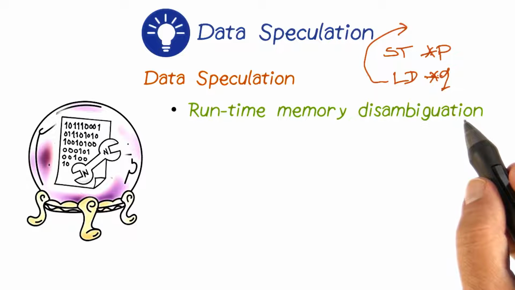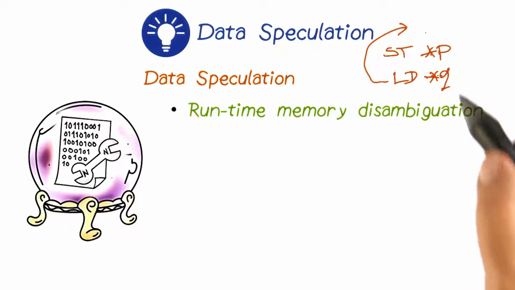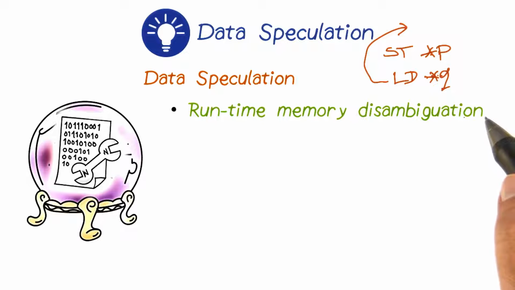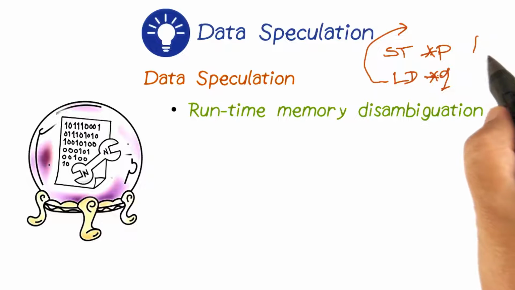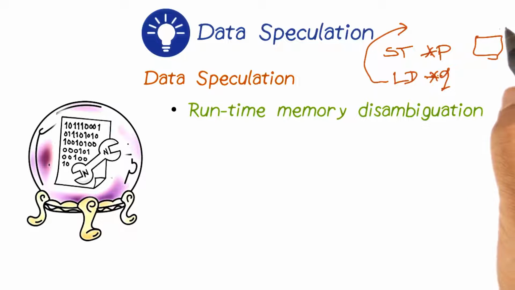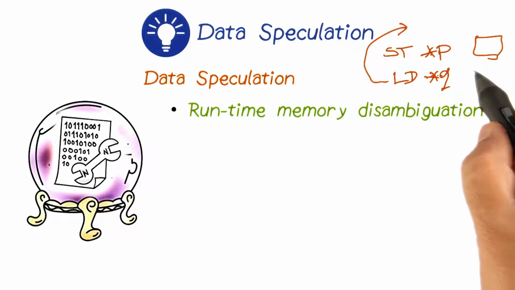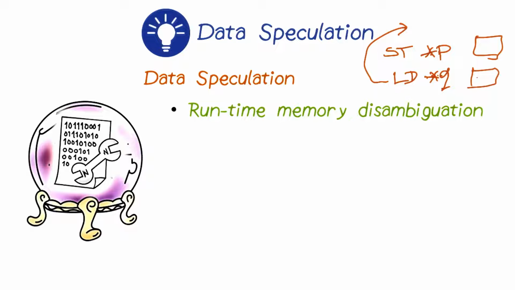Now what we try to do here is speculatively move the load above the store to start getting the value from the memory ahead of time. Remember, this is the store's memory, and this is the load's memory. If these two happen to be two distinct pieces of memory where the pointers are pointing to, we are good.